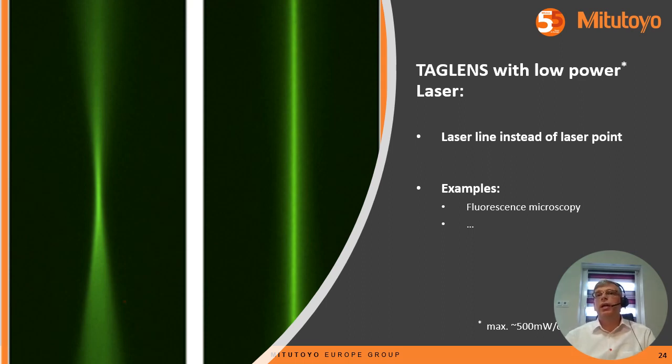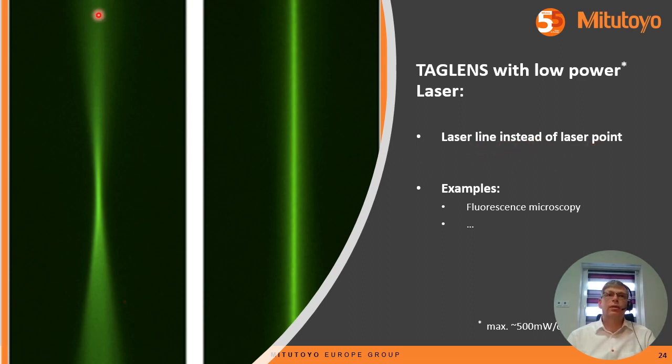Even with lasers, the TAG lens can be used, but in this case, the TAG lens can only handle low power lasers. Low power means maximum 500 milliwatt per square centimeter. The TAG lens generates a laser line instead of a laser point.